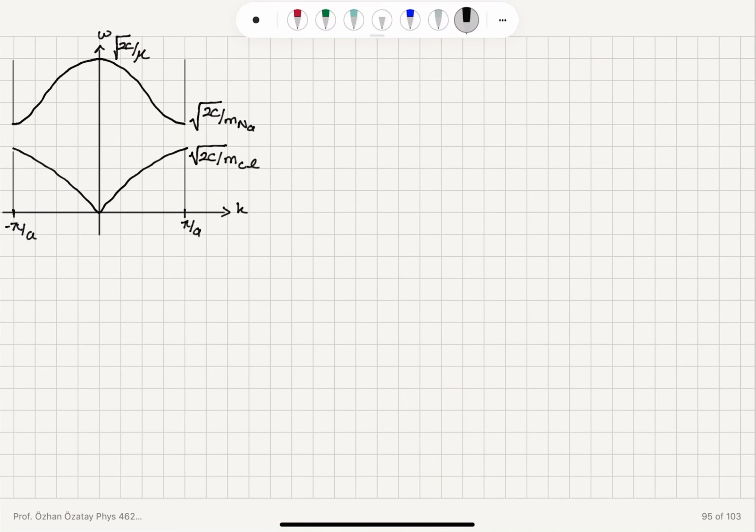So in reality, when we consider 3 dimensions, we have 2 transverse acoustical, 1 longitudinal acoustical, 2 transverse optical, 1 longitudinal optical branches in 3D.